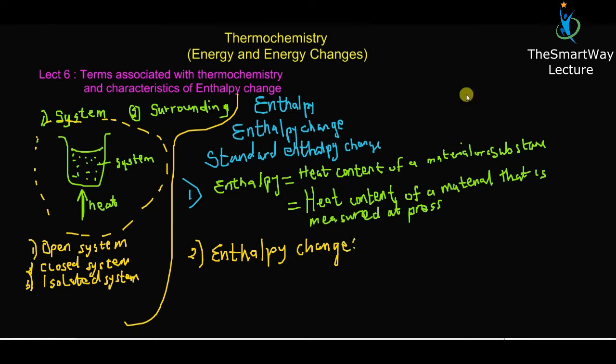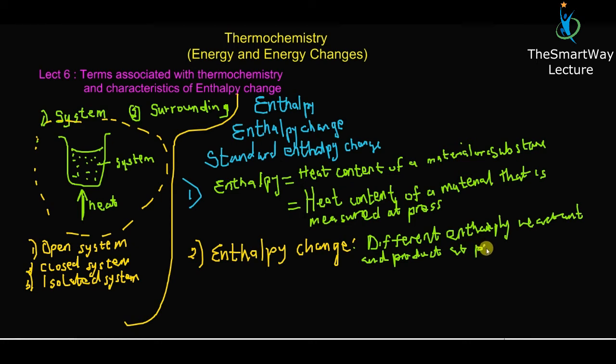So enthalpy change is the difference in the enthalpy that is measured between the reactants, that is the initial state, and the product, that is the final state, at a particular pressure and temperature.